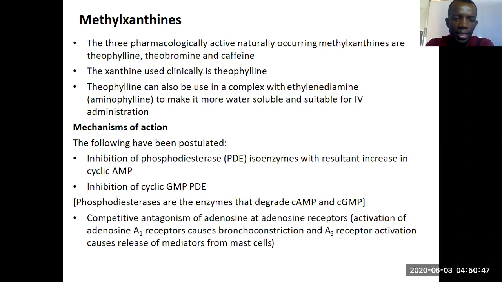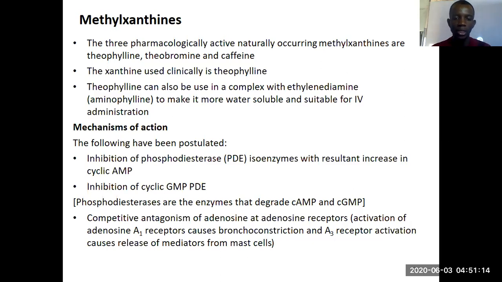So there is inhibition of phosphodiesterase, which is an isoenzyme, with resultant increase in the cyclic AMP. Then there is also inhibition of the cyclic GMP phosphodiesterase. Phosphodiesterases are enzymes that degrade the cyclic AMP and the cyclic GMP.